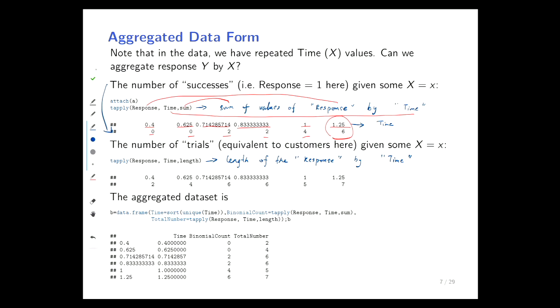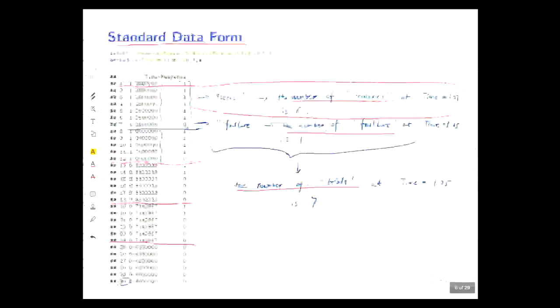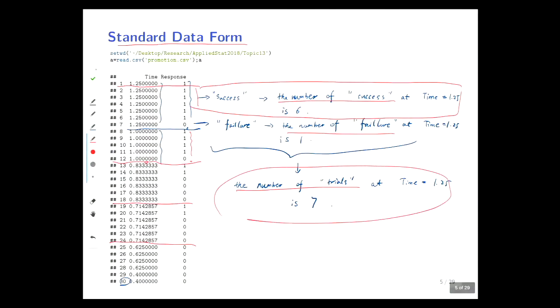So we also have two rows. The first row just means time, and the second row just means the number of the trials. And also, if you do not remember, you can see at the time value 1.25, we have 7 customers. So here, that's our computation by hand. We have 7 trials in this data set at time value 1.25.